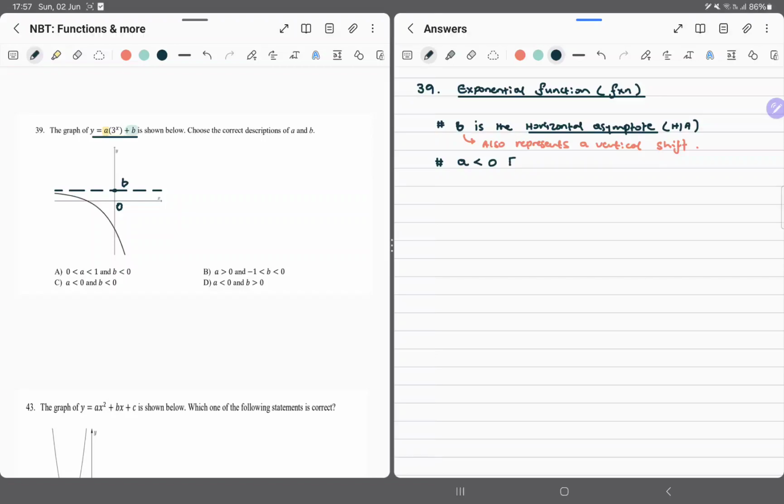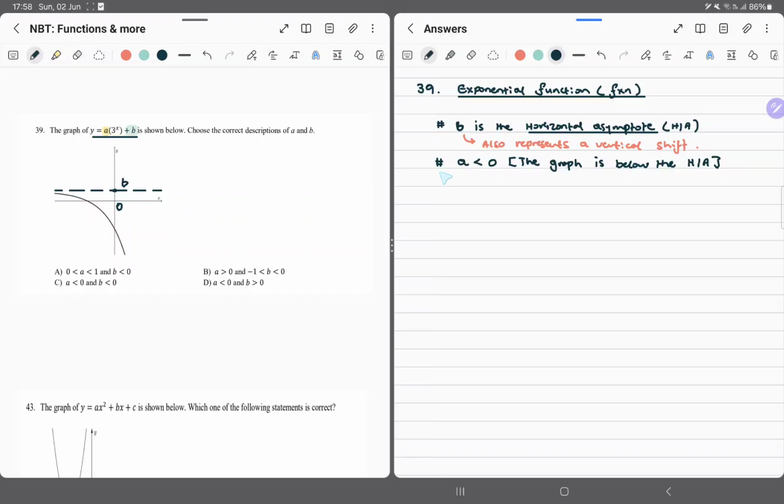How did we know? We knew because the graph is below the horizontal asymptote. That's why we know that a is less than 0.